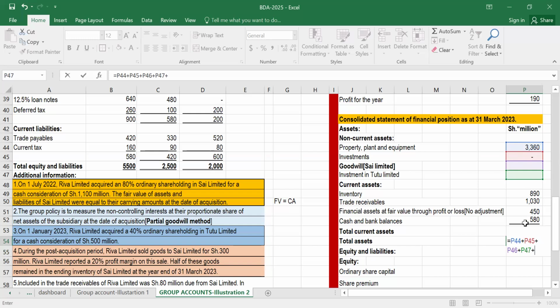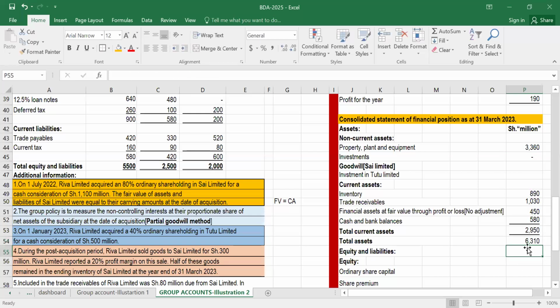There is a figure which is disappearing here, but I can pick the individual current assets. Remember there are a number of items which you have not computed up there: investment in associate and also the goodwill. Once we have computed those figures and inserted them here, our total will automatically be adjusted.